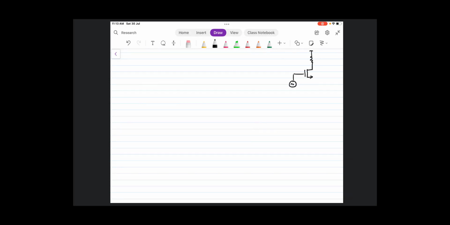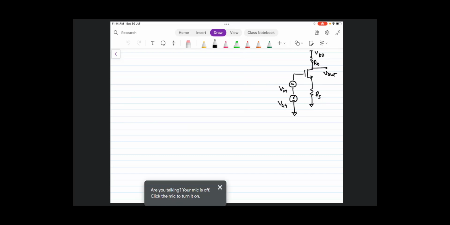And I am assuming that there is a DC bias also here, so let me write VGG, and here there is a VDD, and this is RD, this is RS, this is R naught. From here we take the V out. Whatever is written in small letters is AC. Okay, so v in and v out. So we draw the small signal equivalent of this, and the small signal equivalent will look something like this.